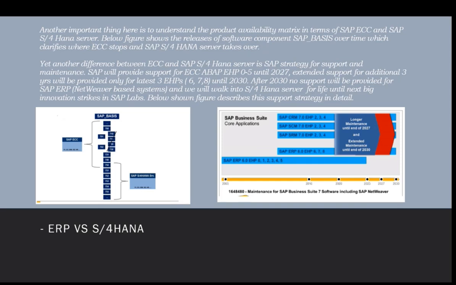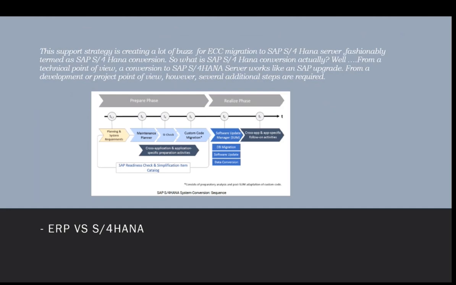Okay, this is a mandate. So we can expect a large number of customers moving from traditional ERP to S4 HANA system going ahead by 2027. That is why it becomes very important for us.